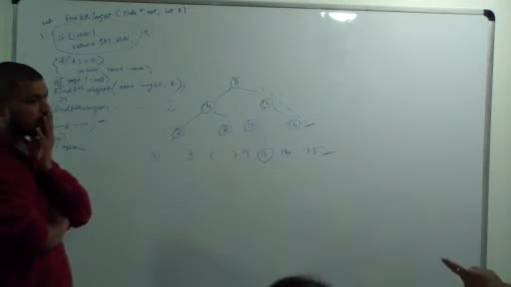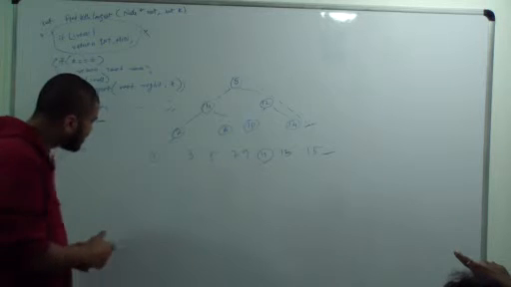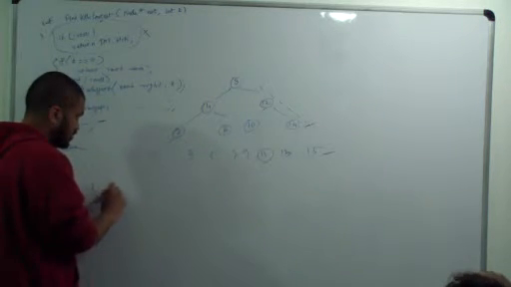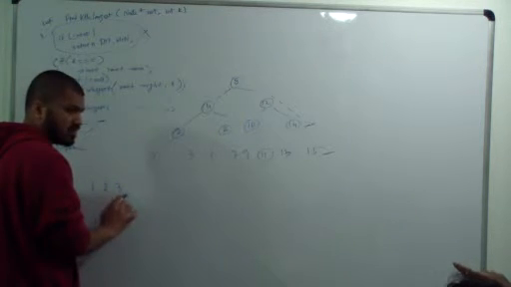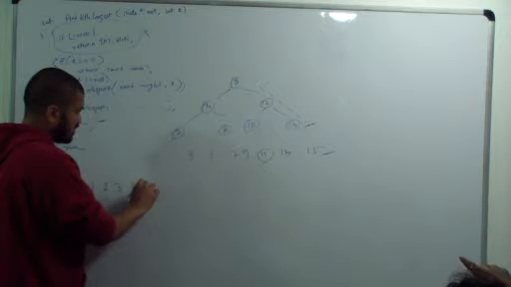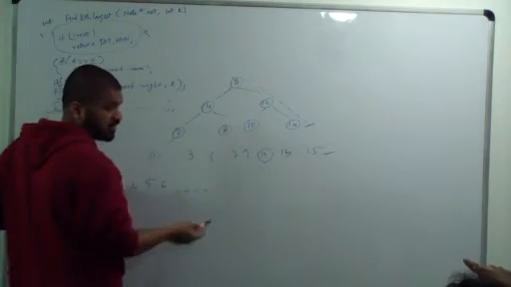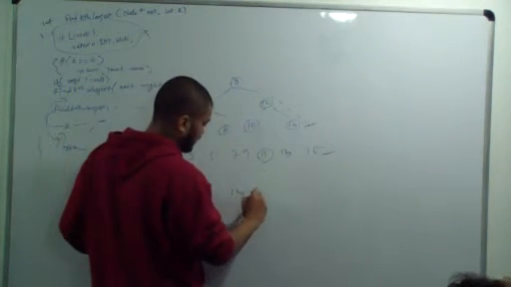I can create the array. You are doing an in-order traversal, so you create the array that we just saw: 1, 2, 3, 4, 5, 6, up to 14 and 15.